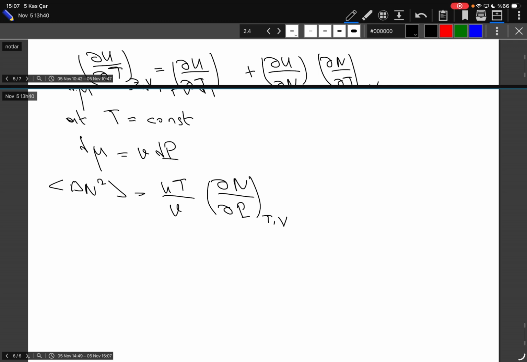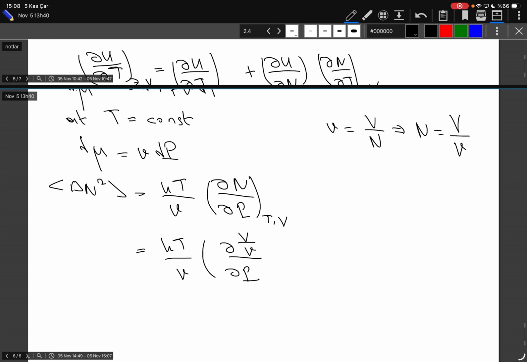Well, remember what v was. Small v was V over N, or N is equal to capital V over small v. This is equal to kT over small v, derivative with respect to pressure of capital V over small v at constant temperature and volume.